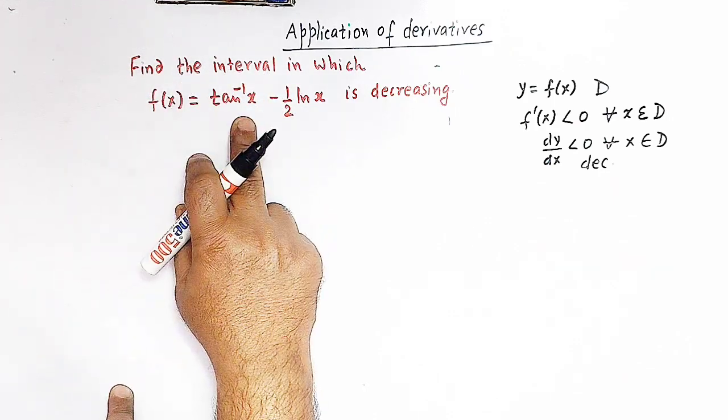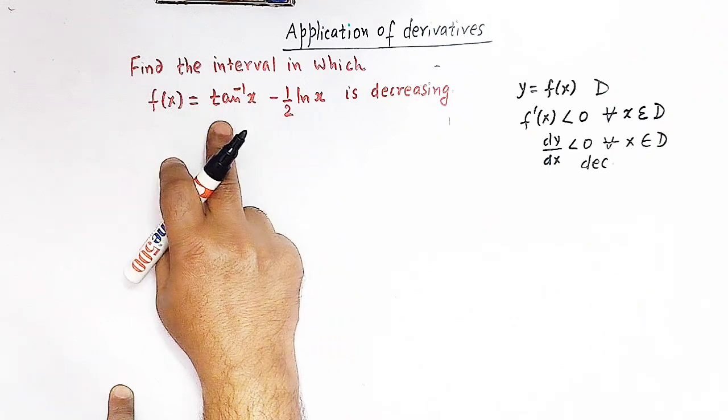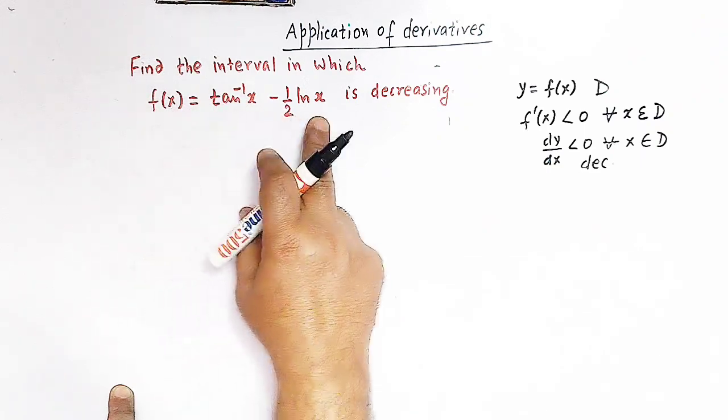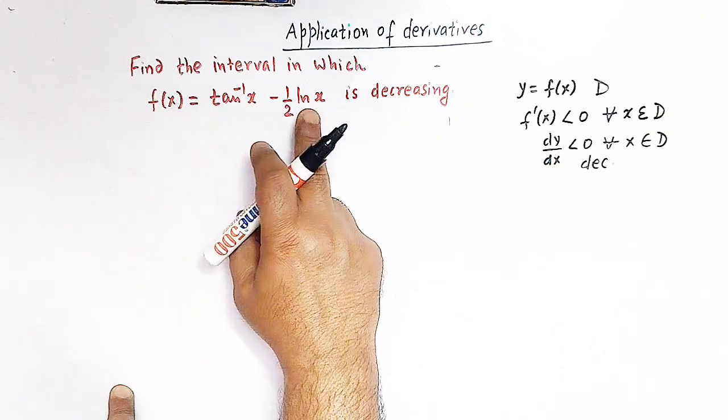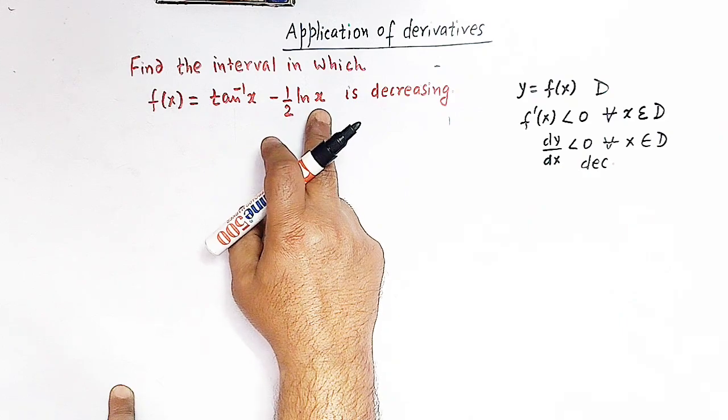So let us first quickly look at this function. Here we have tan inverse x, and here we have minus half times natural log of x.